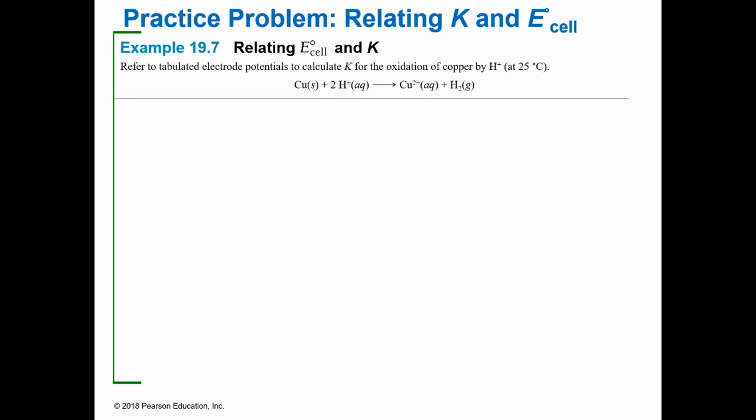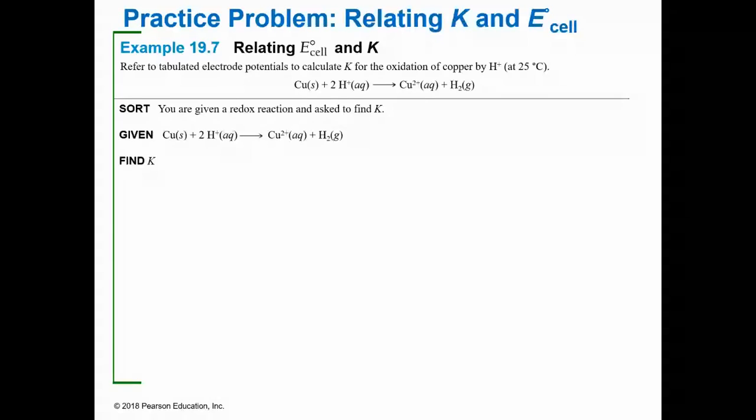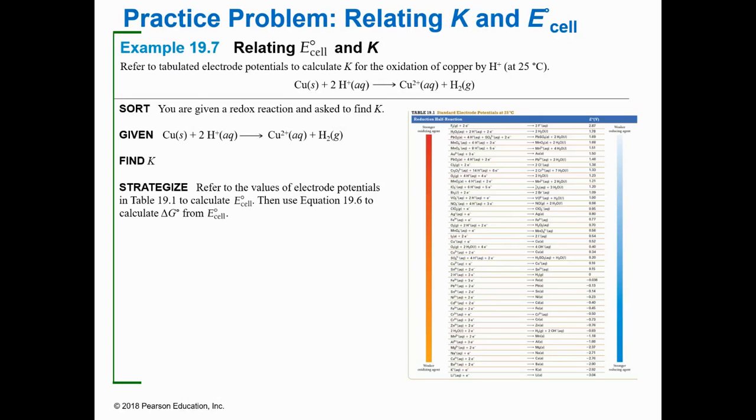Okay, we want to know E cell, but we also want to know K. So here's our chart. I need copper and hydrogen. So copper, make sure you find the right equation.